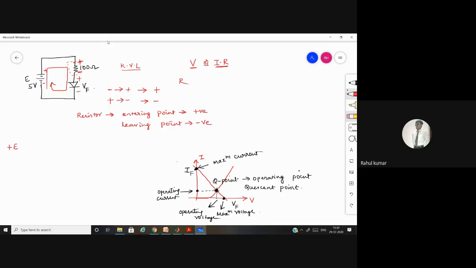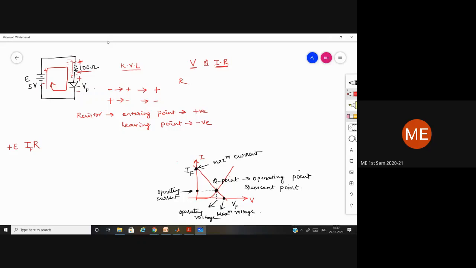Only voltage, sir. I can take only voltage, or if you want to take current, you should take current along with that. I don't know what is the voltage drop across the resistor, but I know what is resistance. So that's why I'll take current into the resistance, and the current which is flowing here, I'll call it as IF.